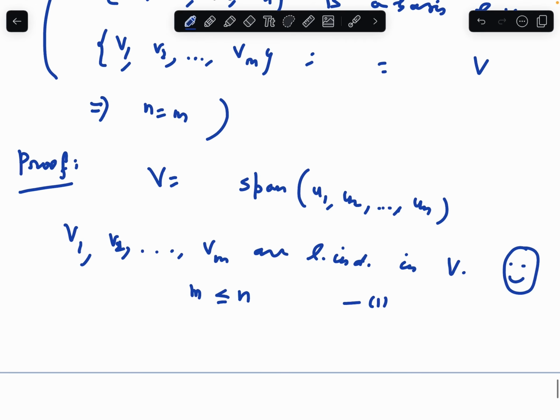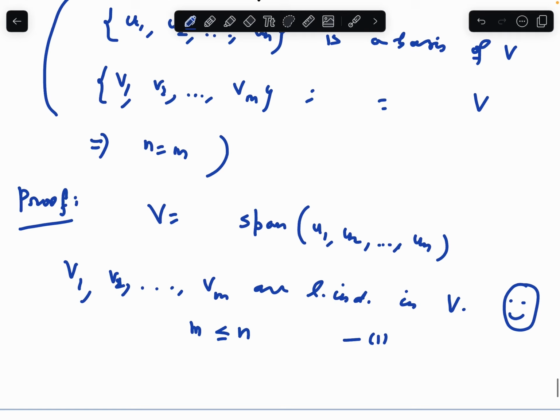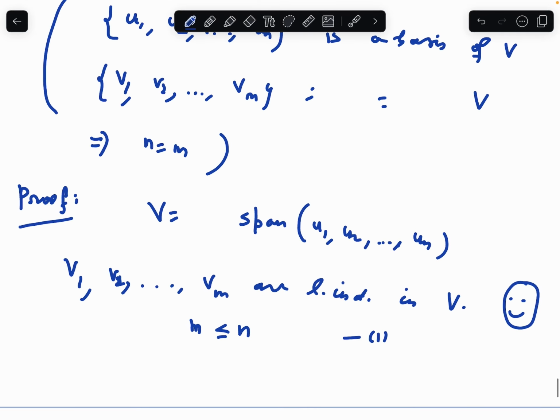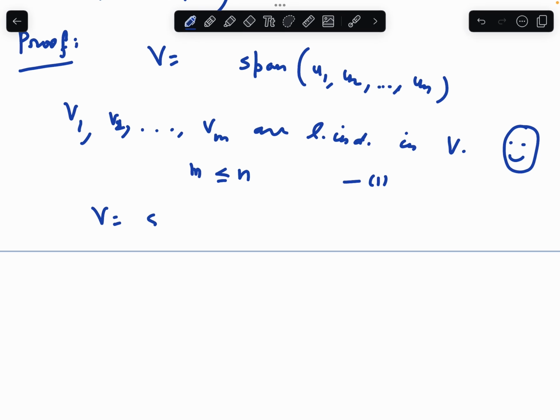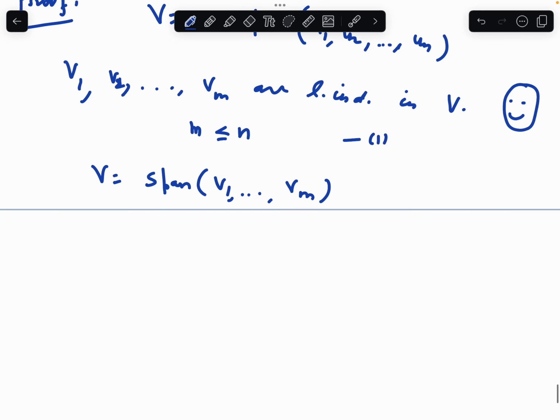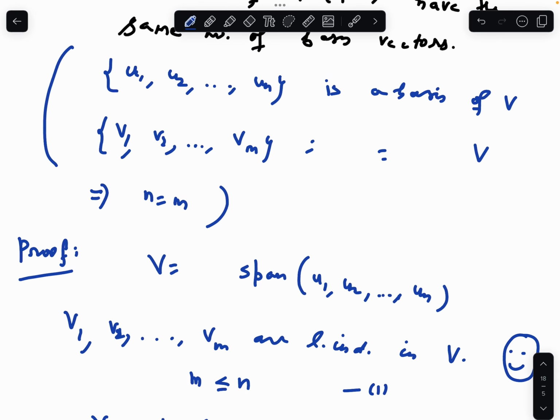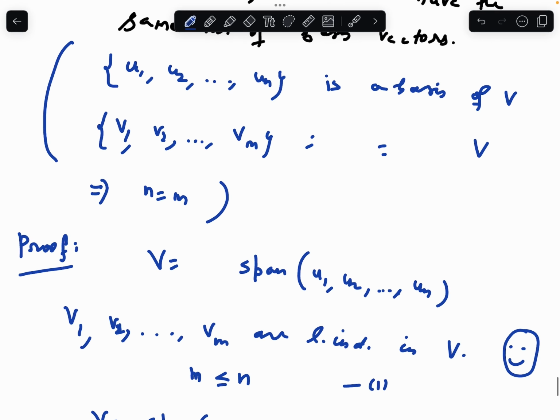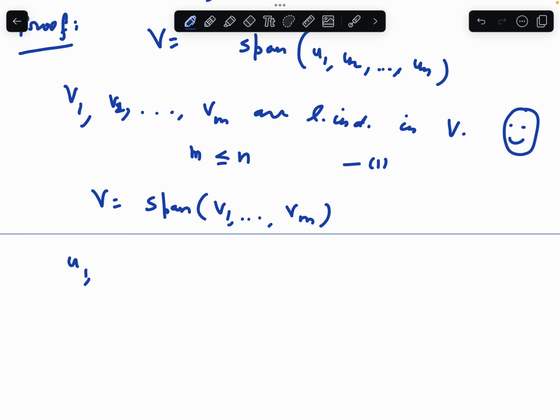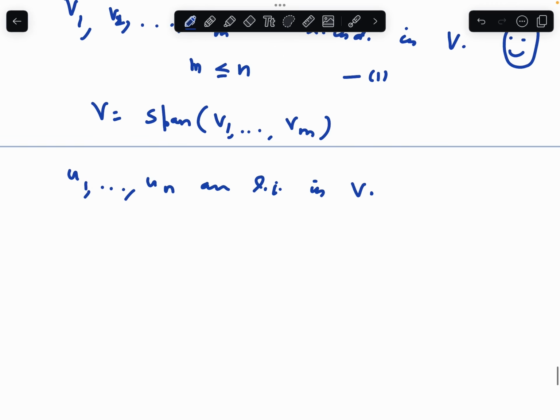Now V1, V2, ..., Vm is a basis of V. So we can say that V is equal to the span of V1, V2, ..., Vm, right? But now U1, U2, ..., Un is a basis of V. That is, U1, U2, ..., Un are linearly independent in V. So how many of these are here? n.